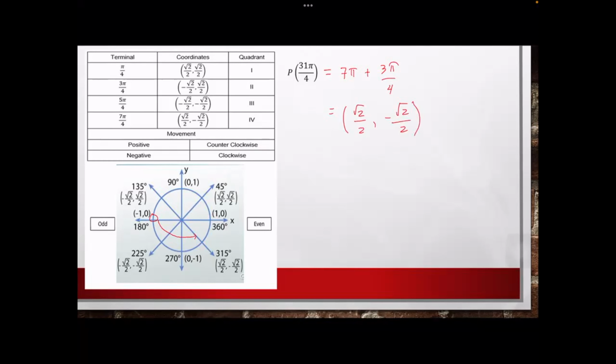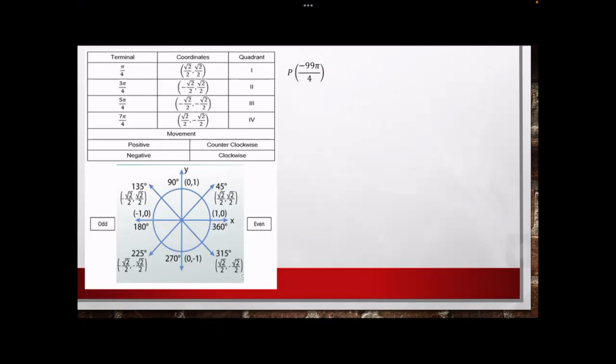Okay, so 7 pi plus 3 pi over 4. This is odd. So start siya dito. It's positive. So that's counterclockwise. Mag-add tayo ng 3. So this is 1, 2, and 3. So yan, naging ano siya. Square root of 2 over 2 and negative square root of 2 over 2 kasi it's belong to quadrant 4. Okay?